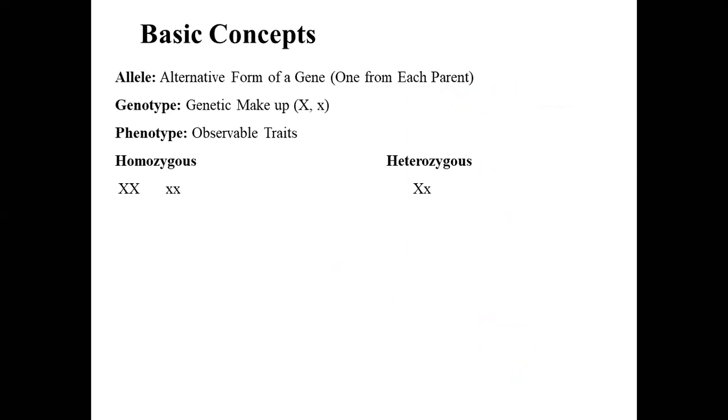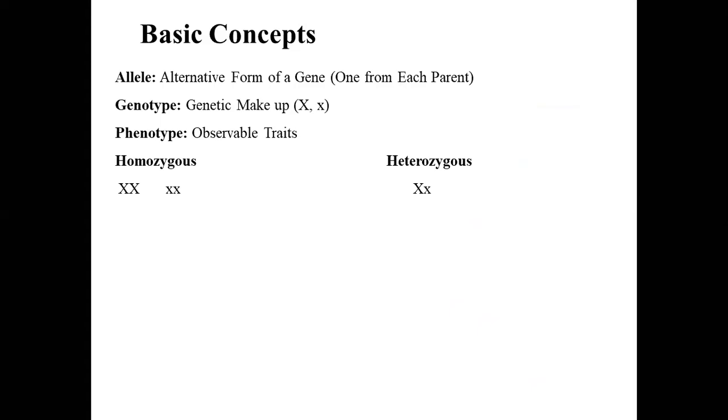So we have some other basic concepts. What is an allele? An alternative form of a gene is known as an allele. One allele from each parent just moves down to the offspring. And genotype is the genetic makeup, and we represent the genotype with a large X or small x.